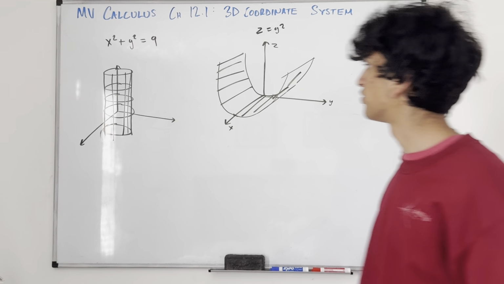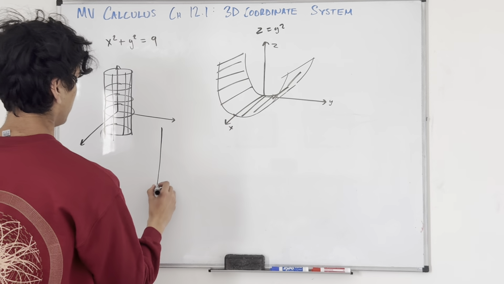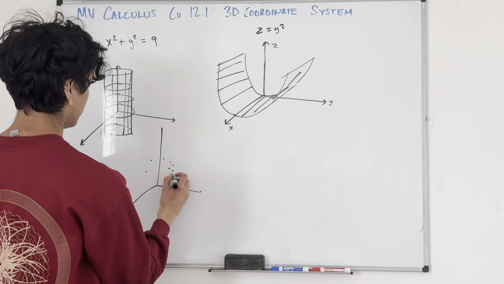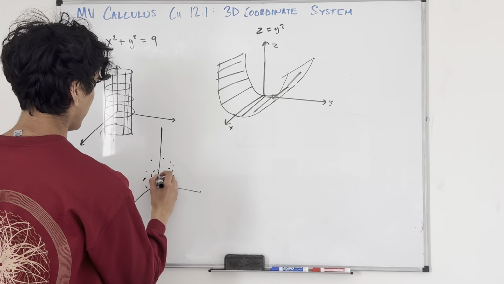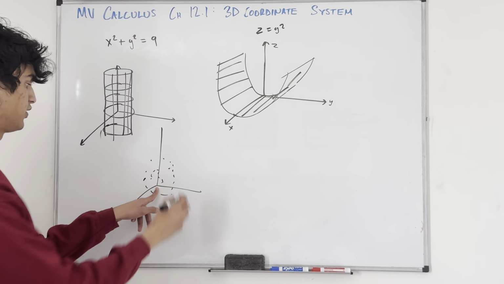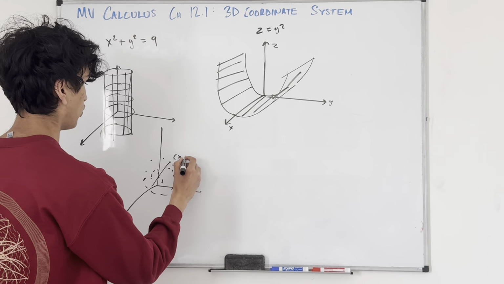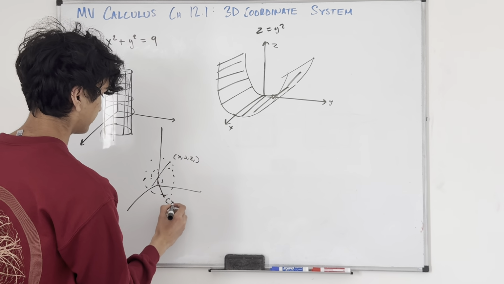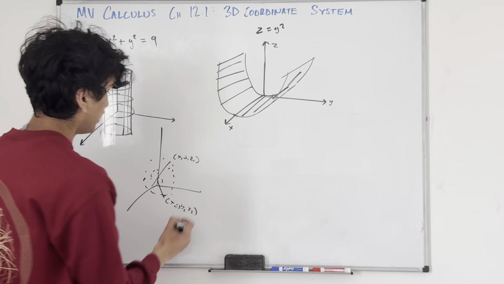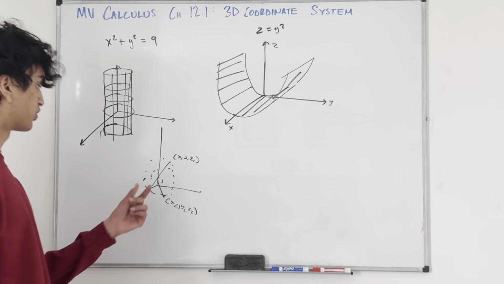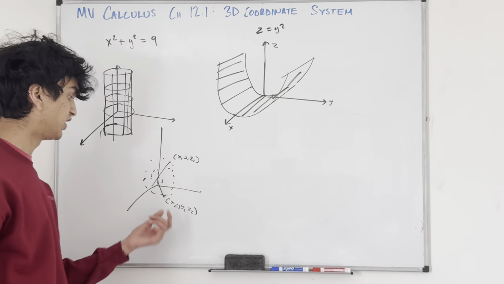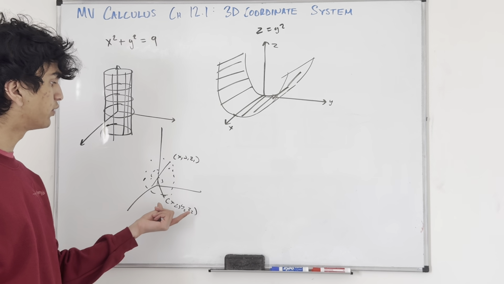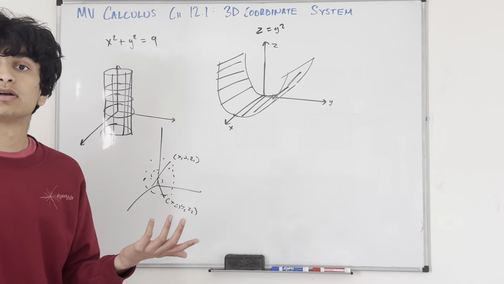But if you do the same thing in the 3D world, if you think about points that are all equidistant in 3D space from the origin, if you think about this x1, y1, z1, and a point right here, x2, y2, z2, if these two points were equidistant from the origin, then you would get a sphere, right?